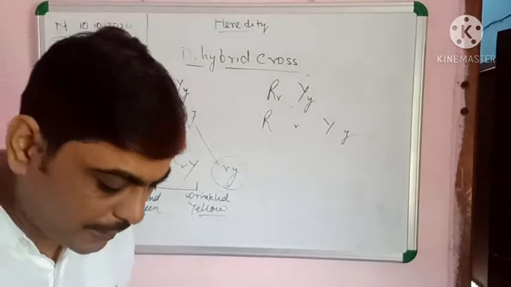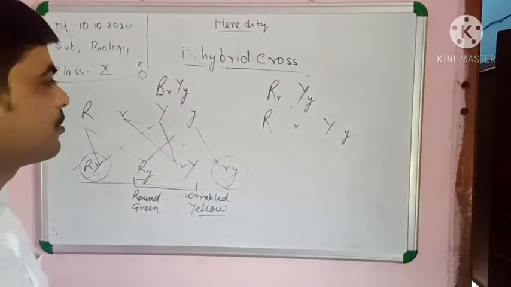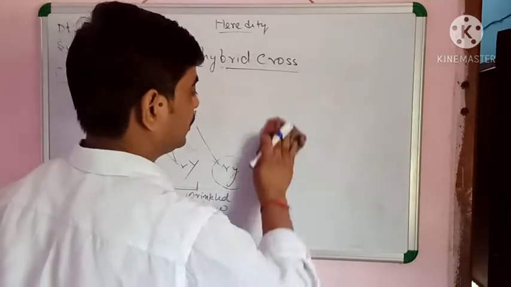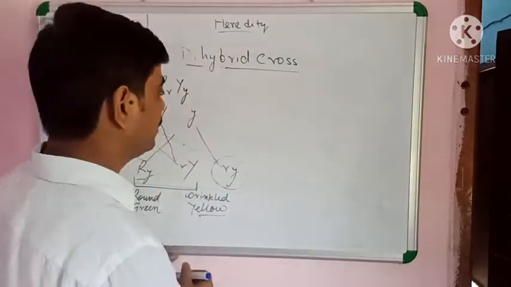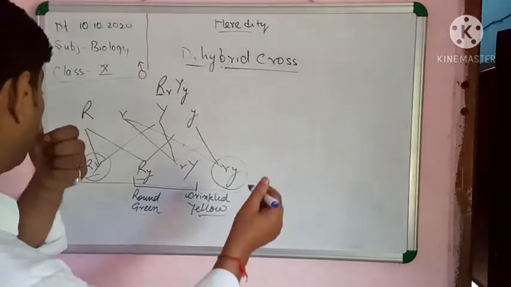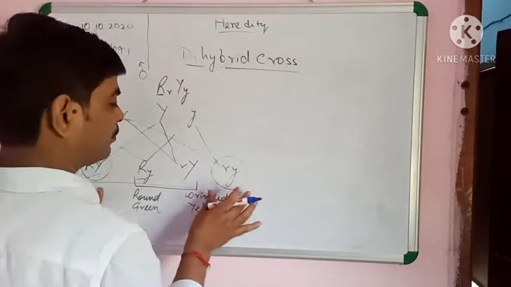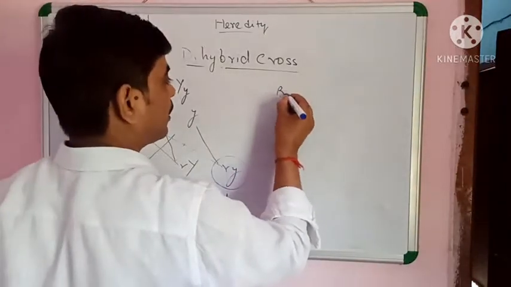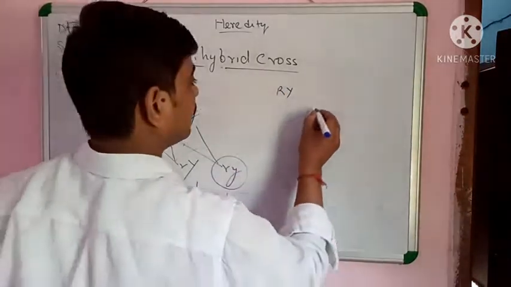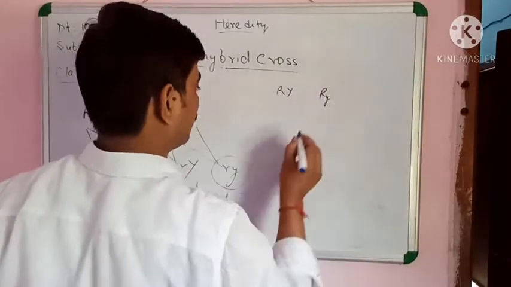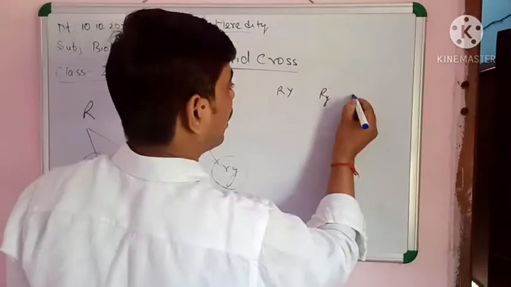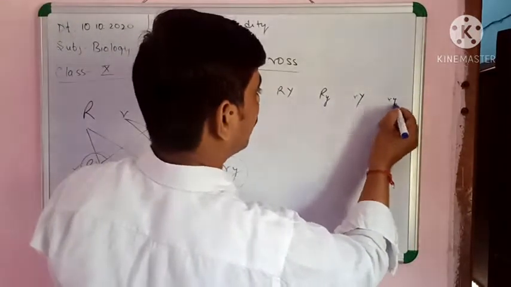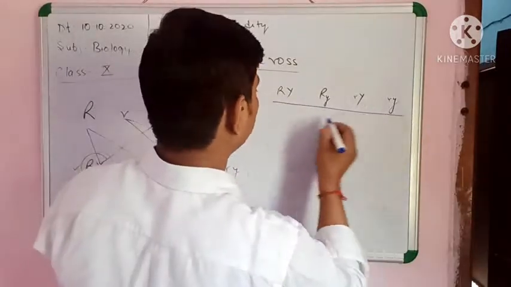Now further you can draw a Punnett square. Look here. Punnett square, how will you draw? They are allowed to self-breed. So how do they self-breed? RY, RY, RY, and RY. In this way.